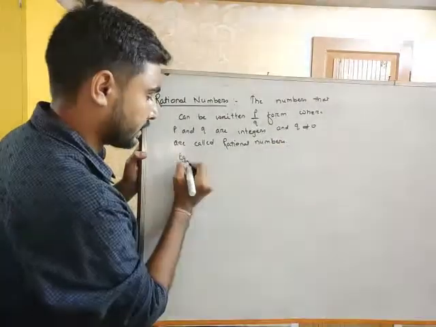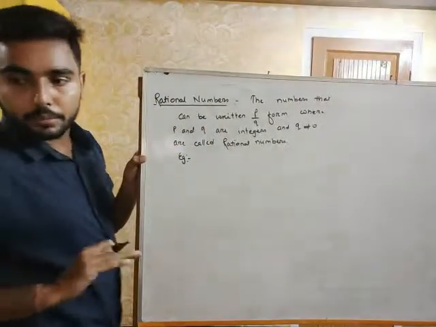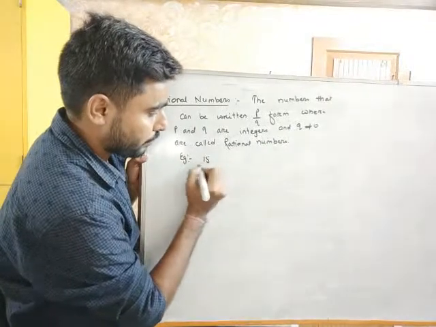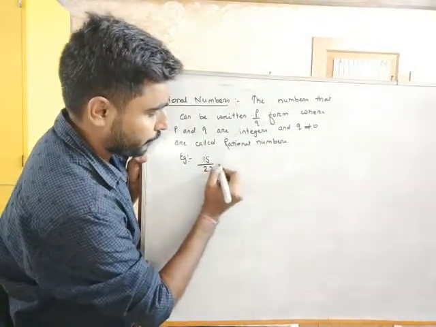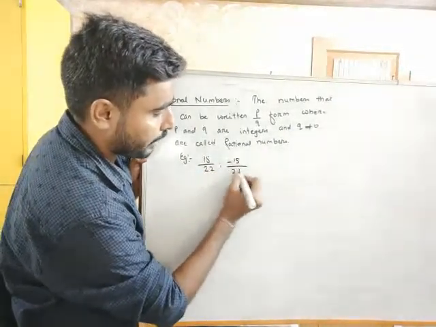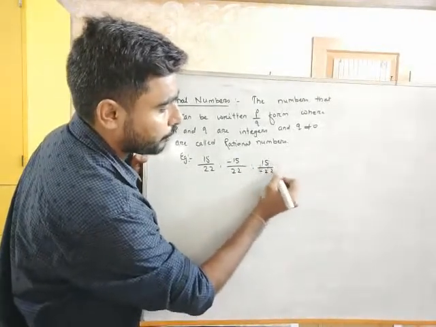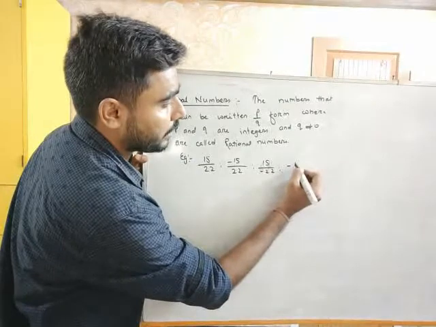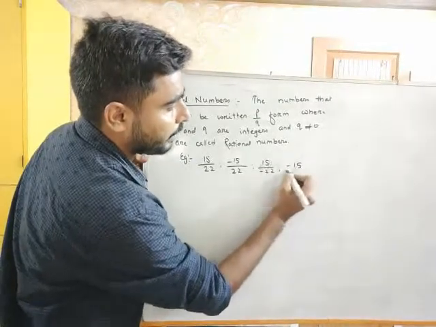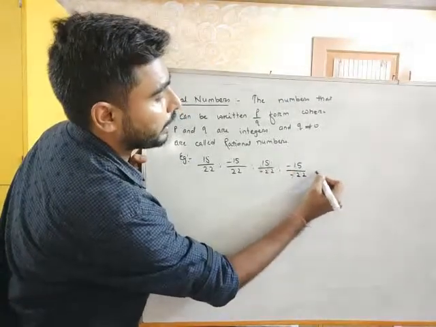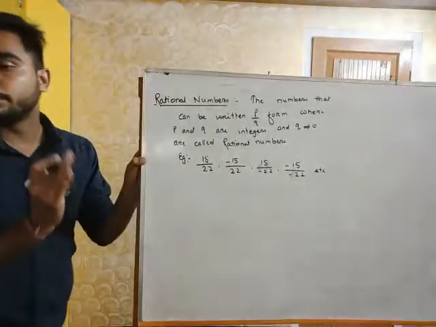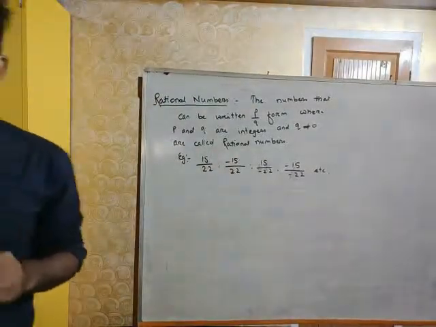I will take the same number with different signs for example. Suppose 15/22, minus 15/22, 15 by minus 22 and minus 15 by minus 22, etc. These same numbers show all the possibilities.